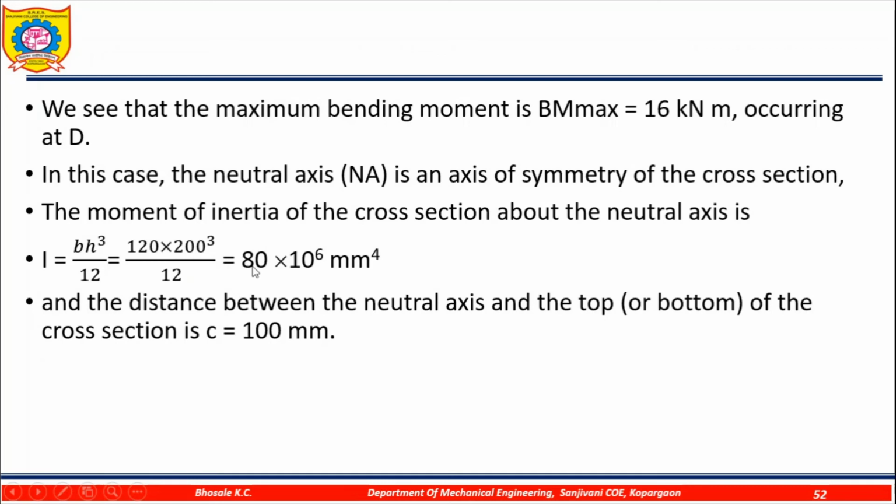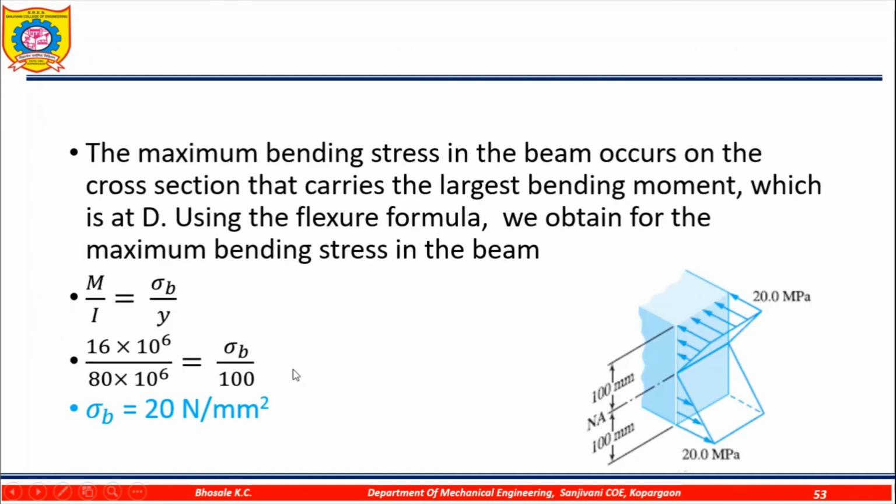In this case, the neutral axis is an axis of symmetry of the cross section. The moment of inertia of the cross section about the neutral axis is bh cube by 12, that is 80 into 10 raised to 6 millimeter raised to 4. The distance between the neutral axis and the top of the cross section is 100 millimeter.